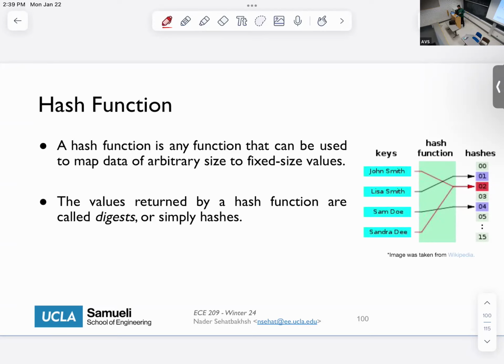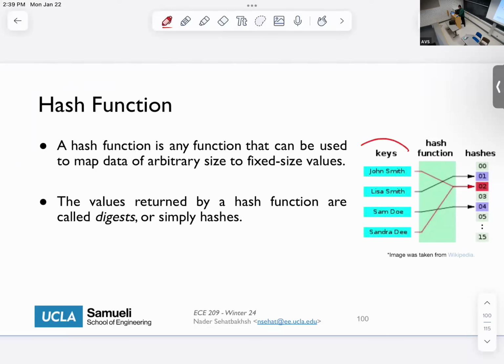Generally, a hash function is a function that takes an input, we usually call it a key or the input, and maps it into some smaller domain. The reason that you want to hash something is that you get an arbitrary size message, and you want to map it into a digest, a smaller size, what we call hashes. So instead of storing this giant thing, you store these hashes.